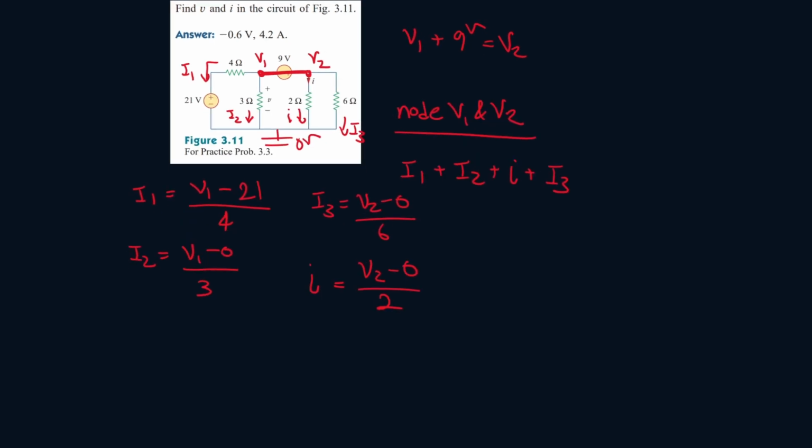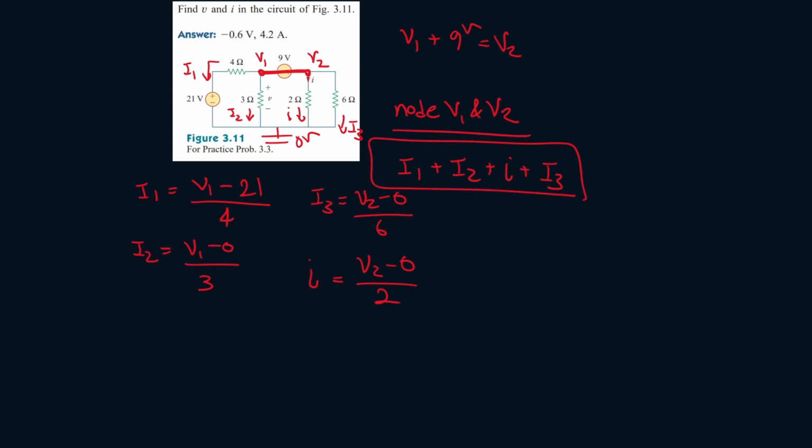Now we can substitute these into the equation we have here. So it'll be V1 minus 21 over 4 plus V1 over 3 plus V2 over 2 plus V2 over 6.